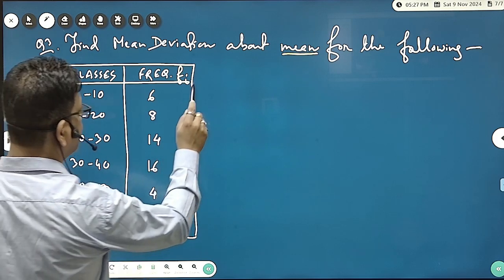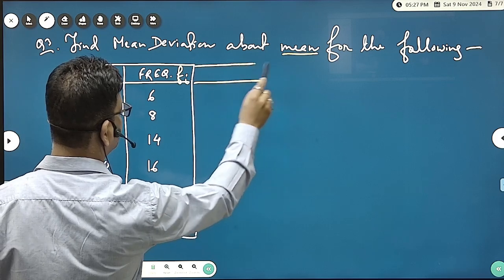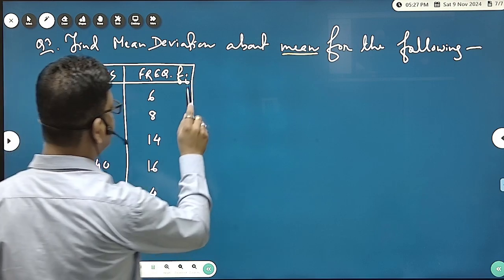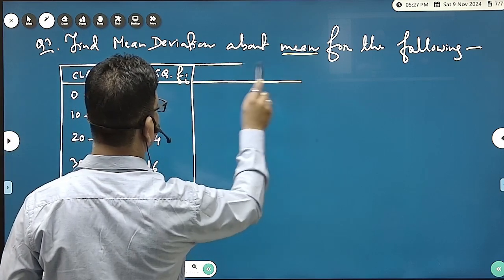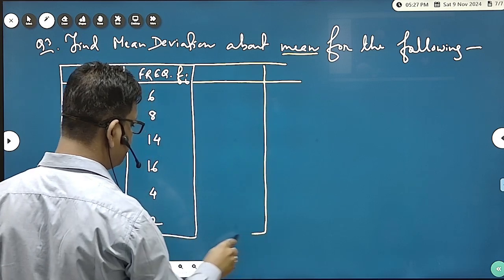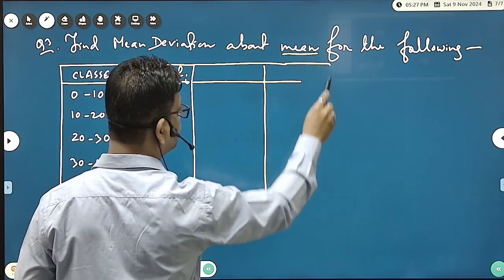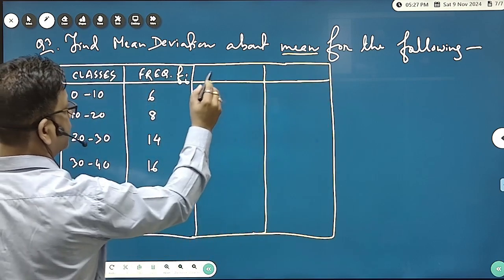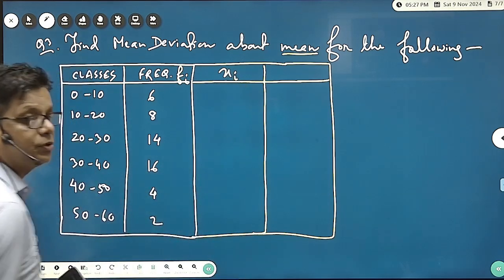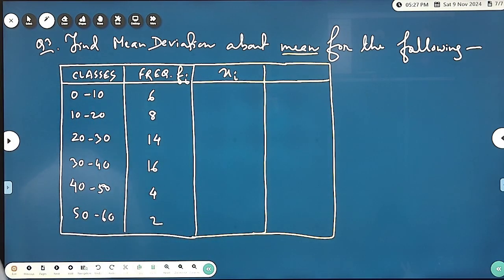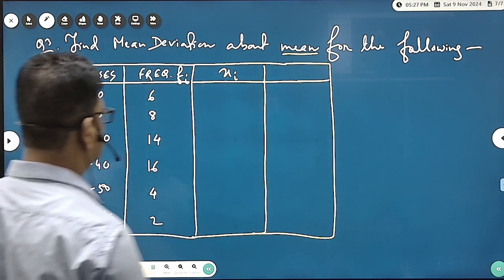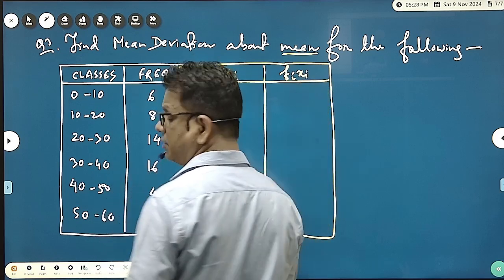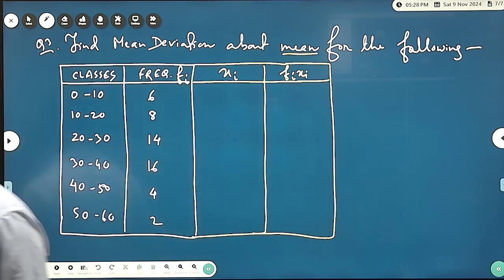So here I'll be using the direct method, and in the question itself I'm adding the columns. If you remember, in a direct method we basically have 4 columns. This column is called xi, which refers to the class mark, and this is fi xi. You can use the other methods as well, the assumed mean method or step deviation.